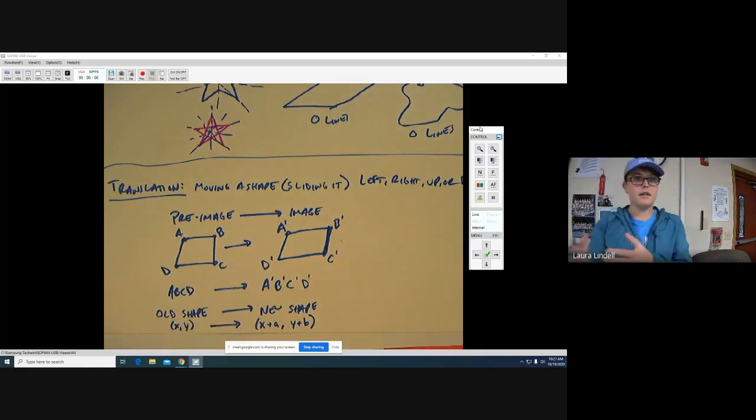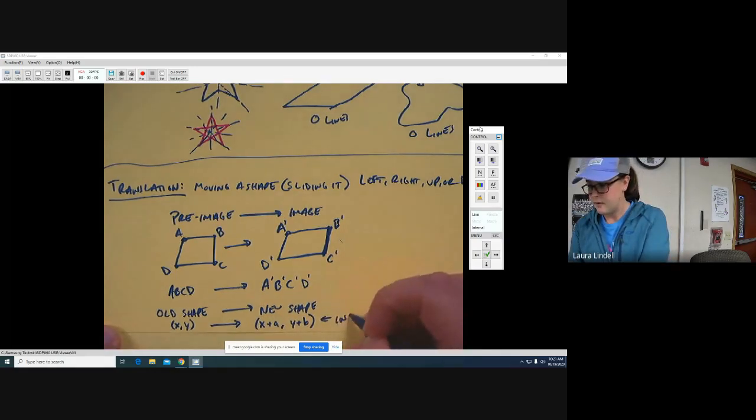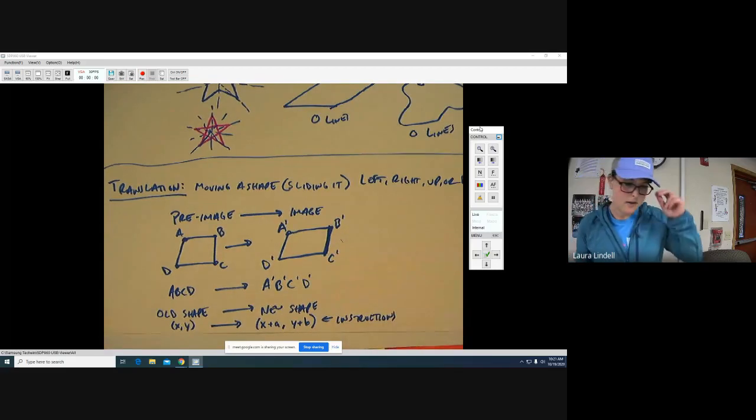So it's going to be x plus some number or y plus some number. It's telling us how far to move it left, right, up, down. These are what the instructions will look like. So these instructions tell us how to move it.